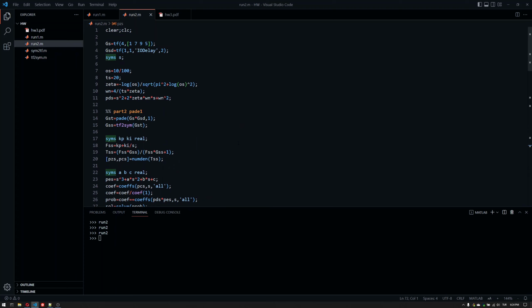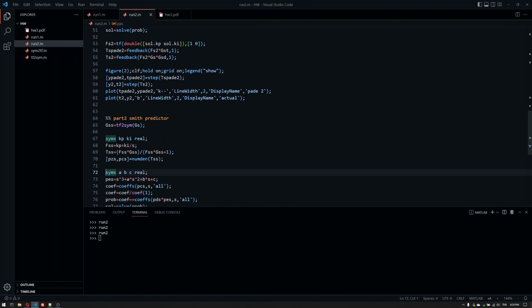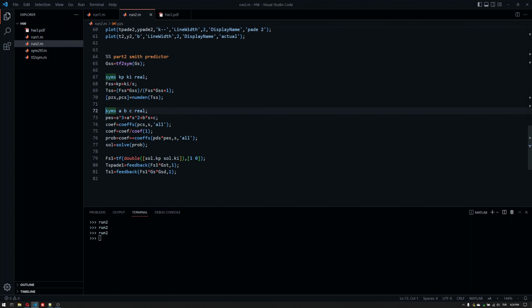Since the system is a third order system, when we design a PI controller, it should be a fourth order system. Two of them are decided. That would mean that we will lose C here, and it would be s squared plus as plus b. I'm not sure if I even need that, but let's leave it like that. So let's see what the solution looks like.